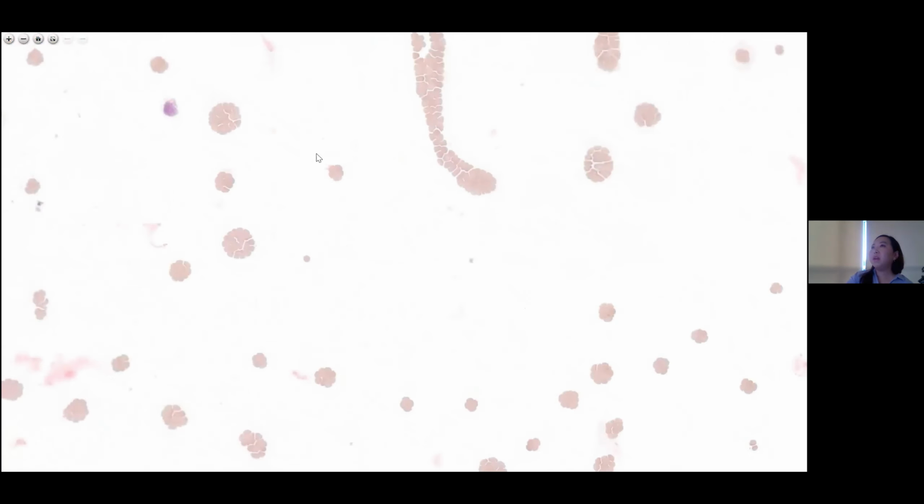We're actually pretty close to the edge of the smear, but as we move deeper into the smear, we're noticing one of the red cells that are giving this sort of coin stack.